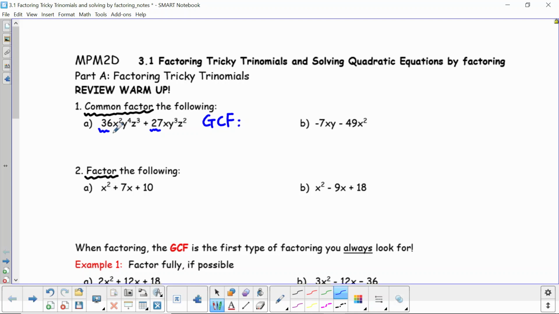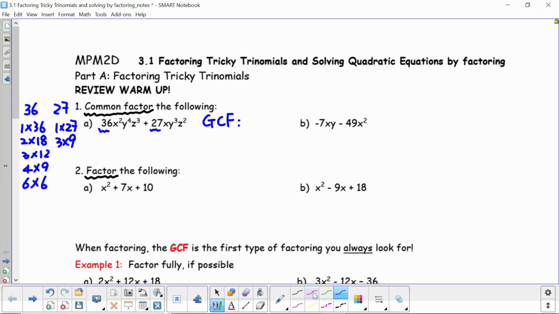If you see the factoring sheet, for 36 you have 1 times 36, 2 times 18, 3 times 12, 4 times 9, 6 times 6. And 27, from your factor number sheet, you will see 1 times 27, 2 doesn't work, 3 times 9.